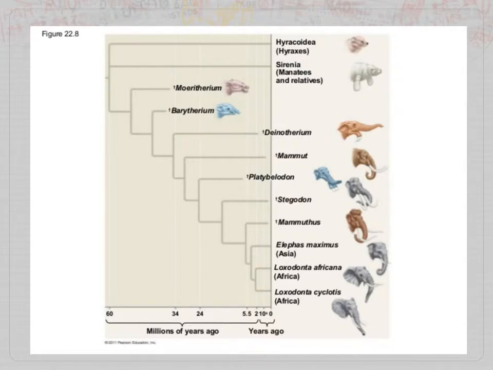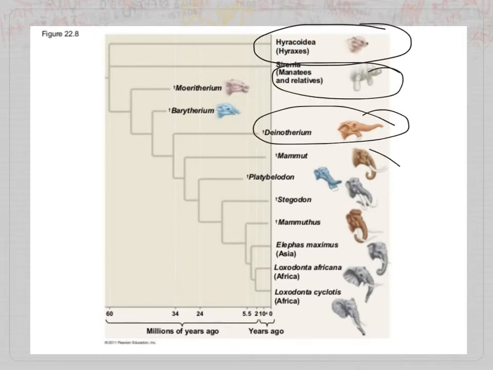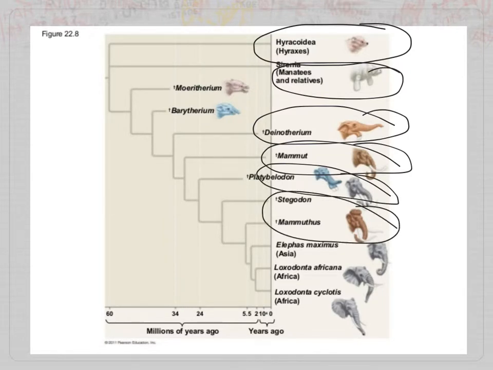Okay, so what we have here is a cladogram, or what we could think of as a phylogeny. So it's an evolutionary history, and this one is of the 3 different kinds of elephants that we see. So we're going all the way back. We're looking at all of these different kinds of organisms that we've seen through time, with down here the 3 current elephants. Some of these are still around, some of them are extinct.